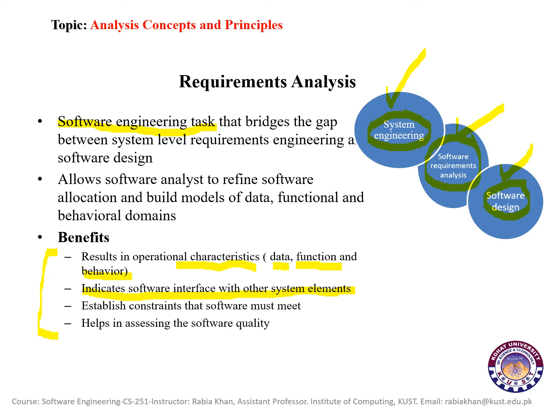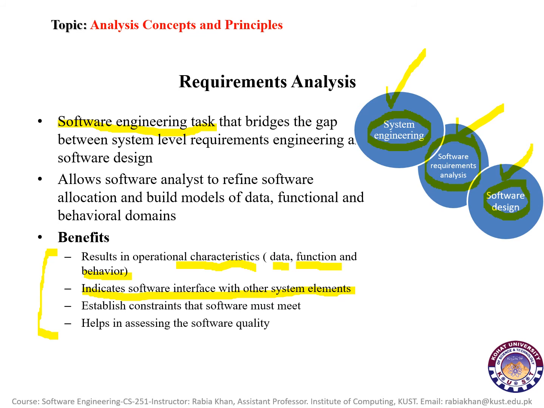If your software is going to use some other software components, how are they going to talk to each other? So the requirement analysis is the phase that actually builds a door for communication between your software and different other components within your system.